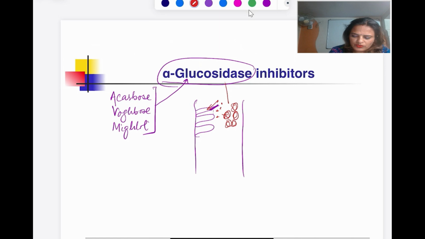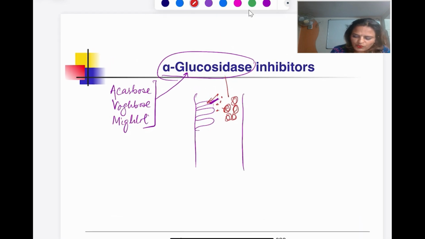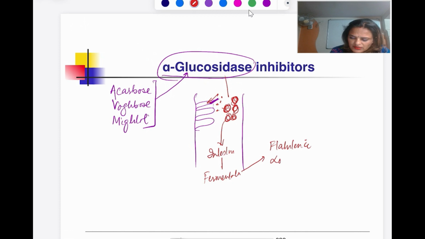Now the bigger particles or polysaccharides will remain within the intestine, and what will happen in the intestine? It causes fermentation, and this is going to cause flatulence and loose stool. So these are the annoying adverse effects of the alpha glucosidase inhibitors.